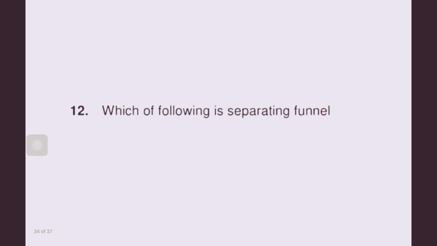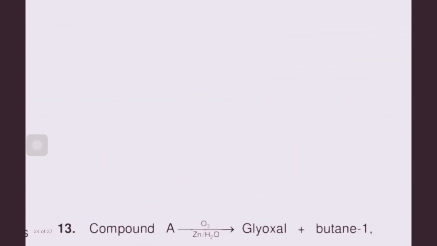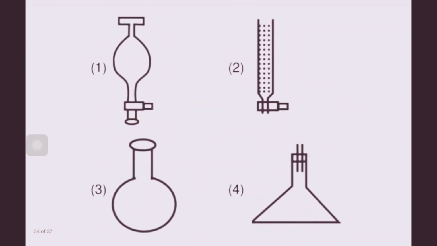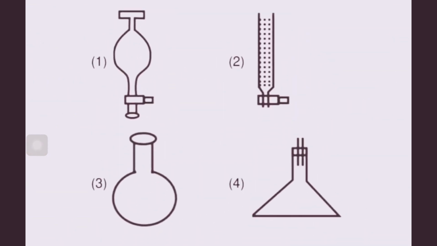Now, which of the following is a separating funnel? They are asking you the separating funnel. You can see all these 4 figures here. If you see carefully, the first figure itself is the separating funnel. This one is the separating funnel. The second one is a burette.